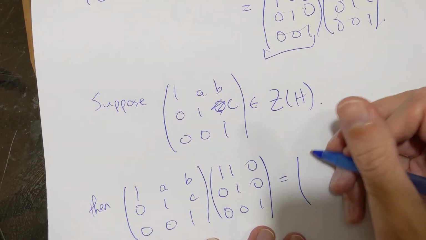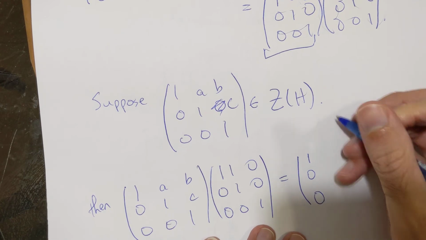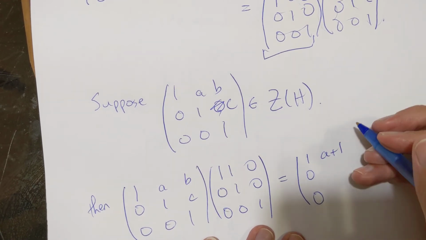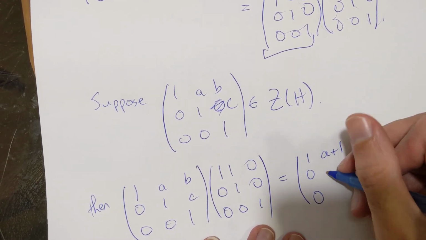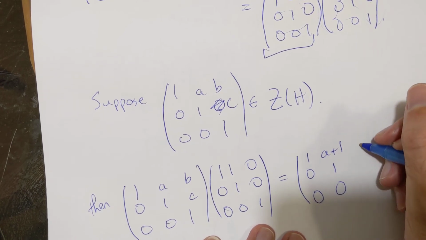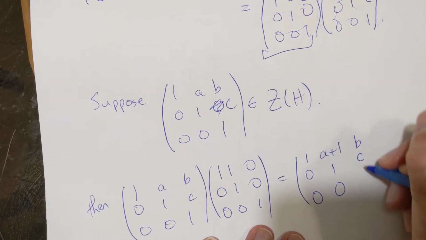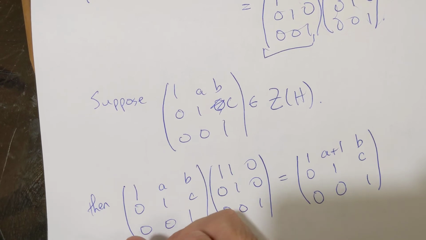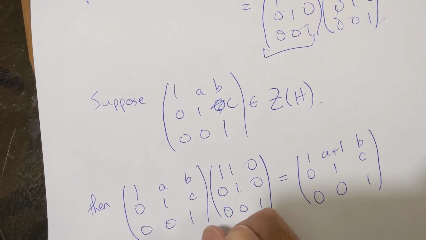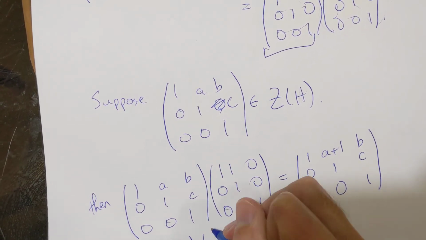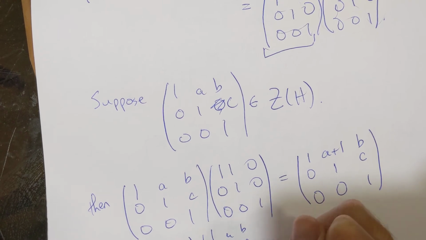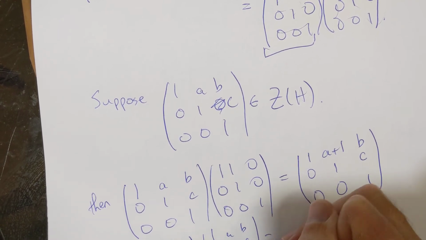So when I compute this product, I get 1, 0, 0, and then A plus 1, then 1, 0, and then B, C, 1. And when I do it in the reverse order, what do I get?